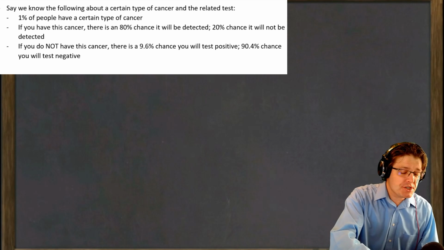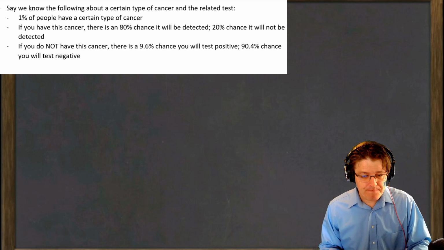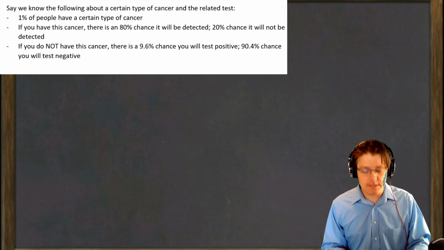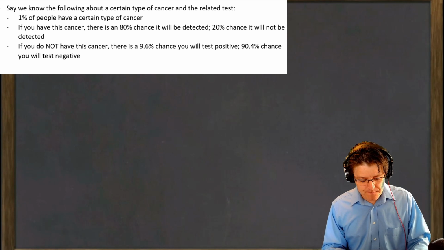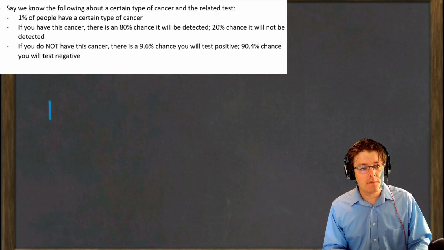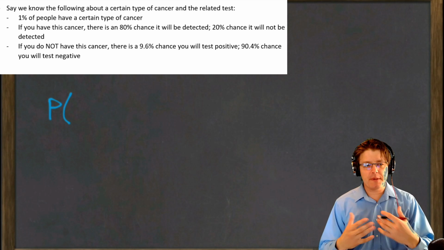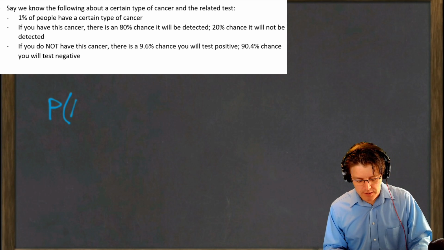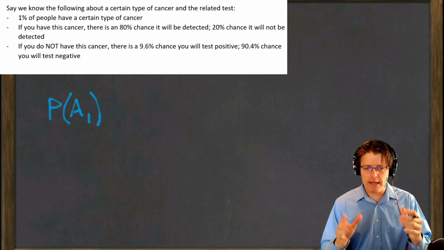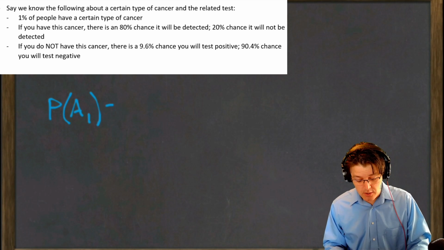So just in general, the prior probability, that's behind the screen, is going to be, what's the probability, and notationally, I'm going to call this A1. I'm going to consider A1 just to match the book outline. I'm going to consider this the probability of having cancer.